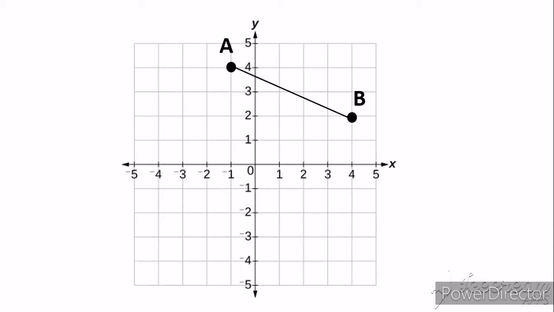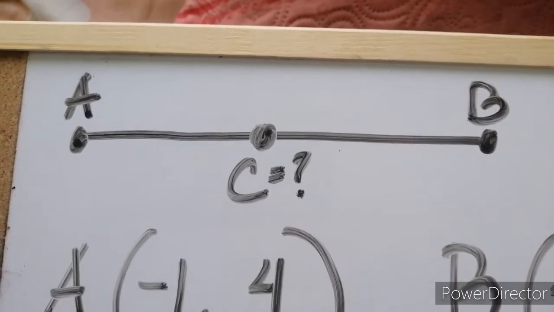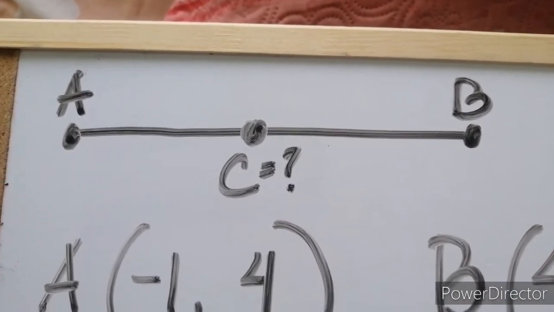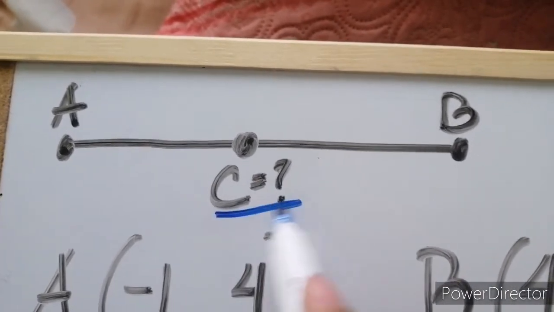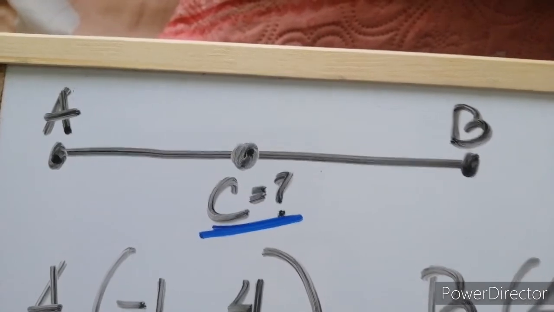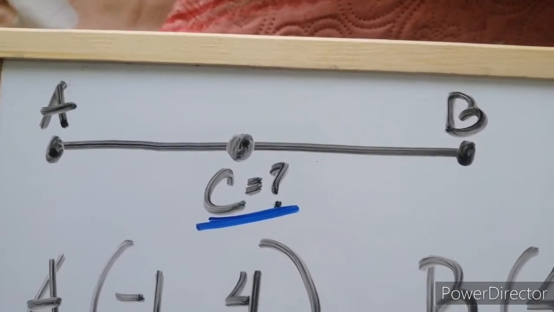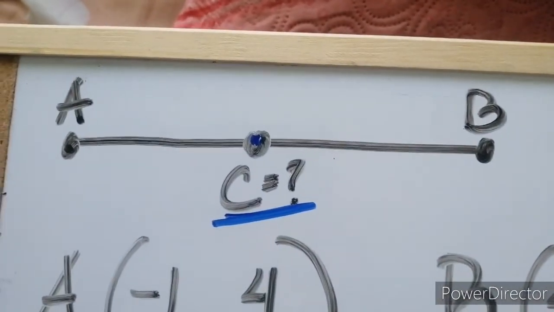So let's try to find the center of our circle. We have here a line with two given endpoints, and our goal is to find our center. So we are going to use our midpoint formula to find the center of the line AB.